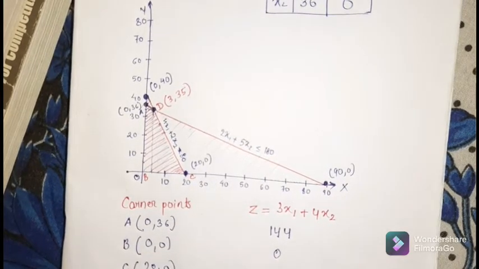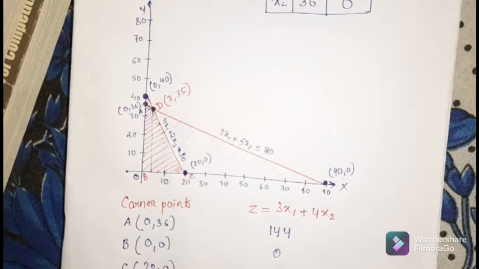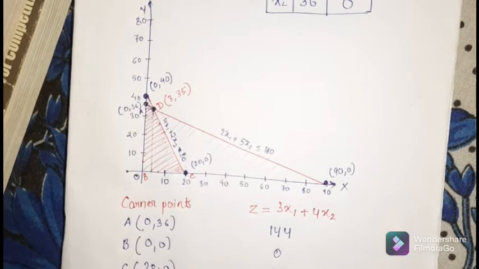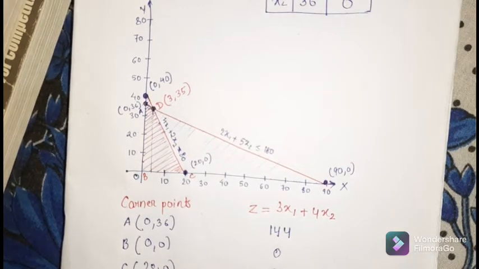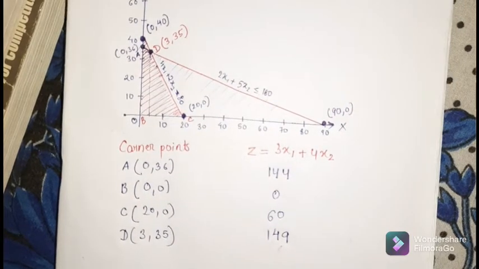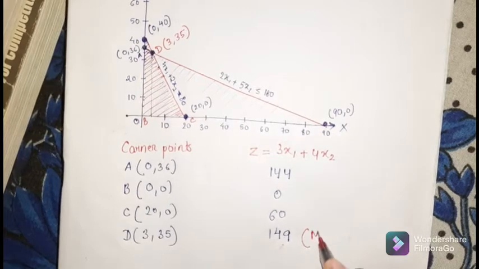These are our values of the objective function at these 4 corner points, and the maximum value we get is at the point 3 and 35.